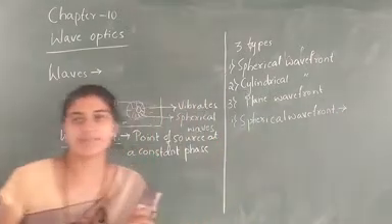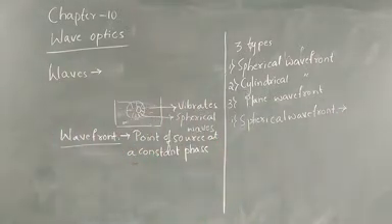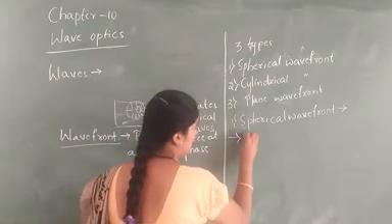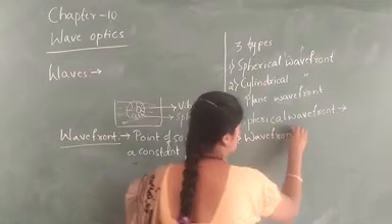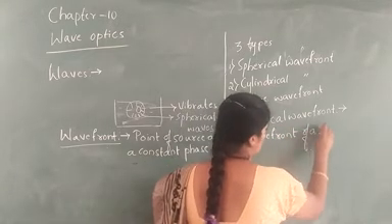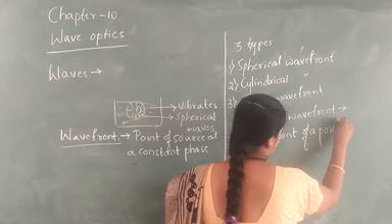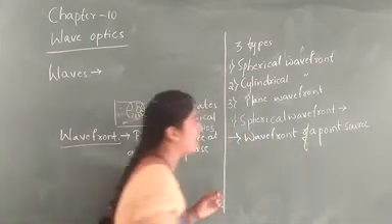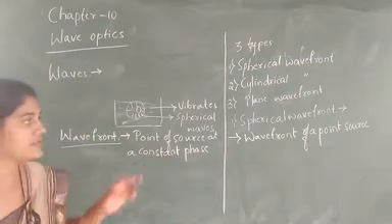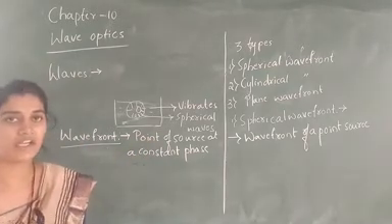Now, to define the spherical wavefront, we are telling that it is the wavefront of a point source. It is the wavefront of a point source, then we can call it a spherical wavefront.